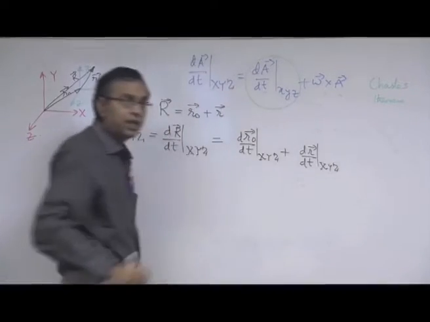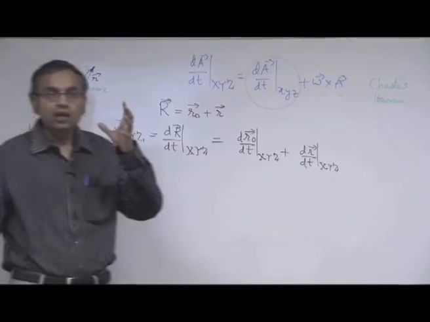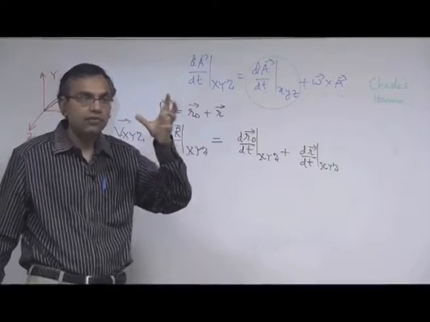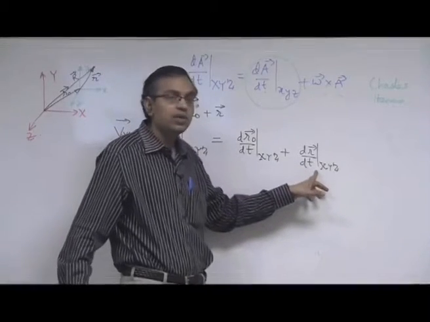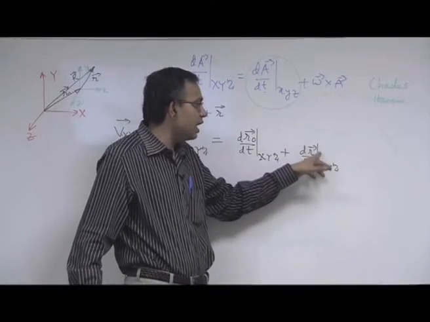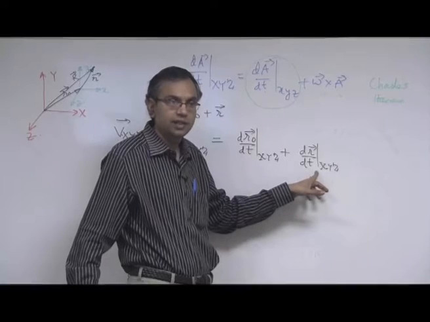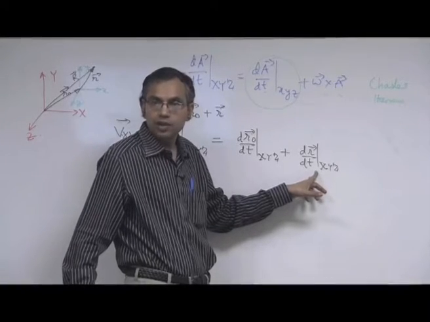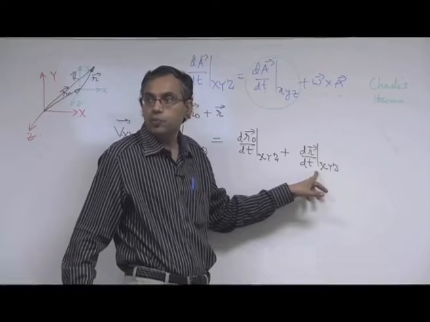Now in the experiments, you are observing everything with respect to the rotational reference frame. So this term you have to transform in terms of dr/dt with respect to small xyz. To do that, you can use Chasles' theorem. Replace capital A with small r.